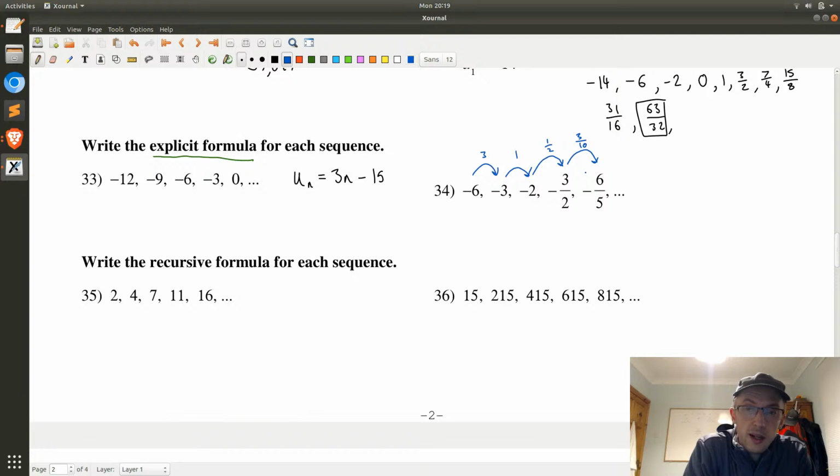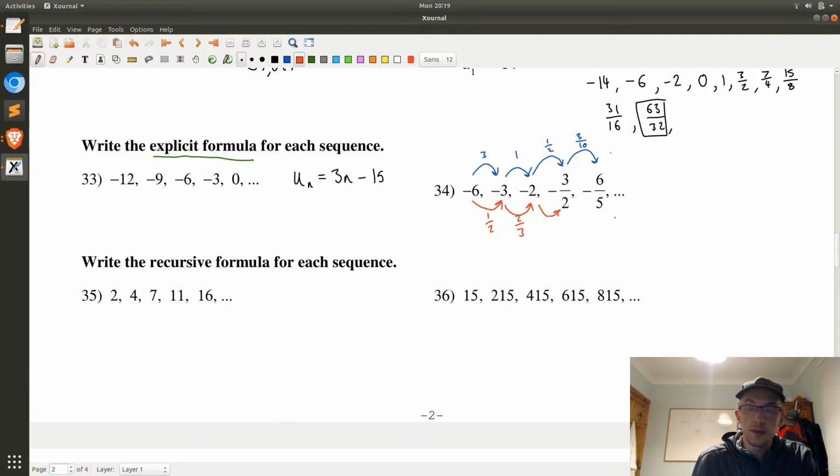Well, the difference is getting smaller each and every single time. We look at the common ratio, so we're doing -6 over -3. So that's going to give 2. Beg your pardon. -3 over -6. That will give a half. That will give 2/3. And -3 over 2 over -2.